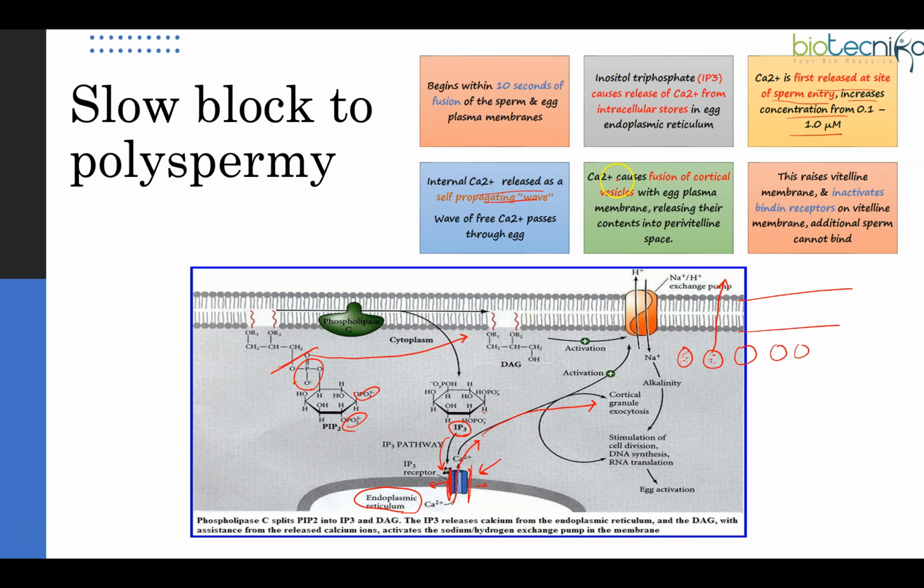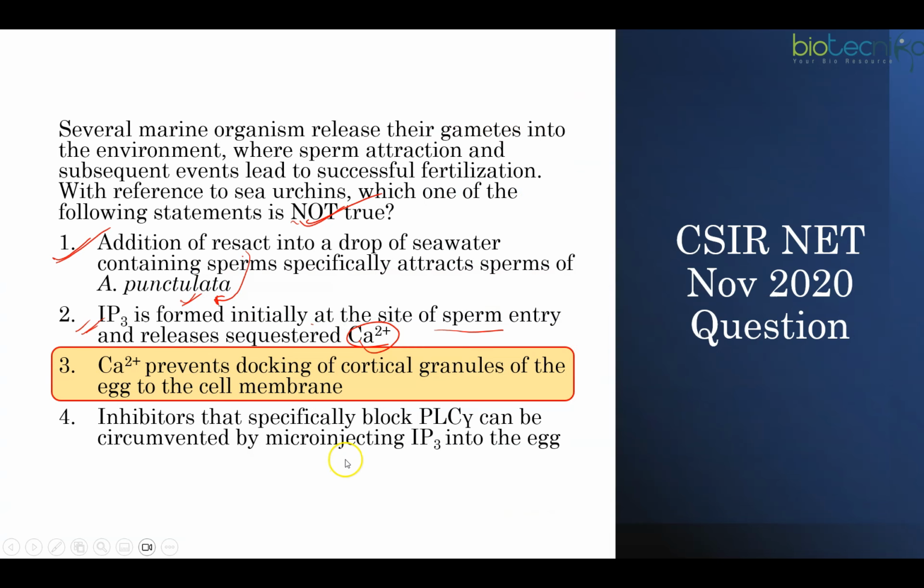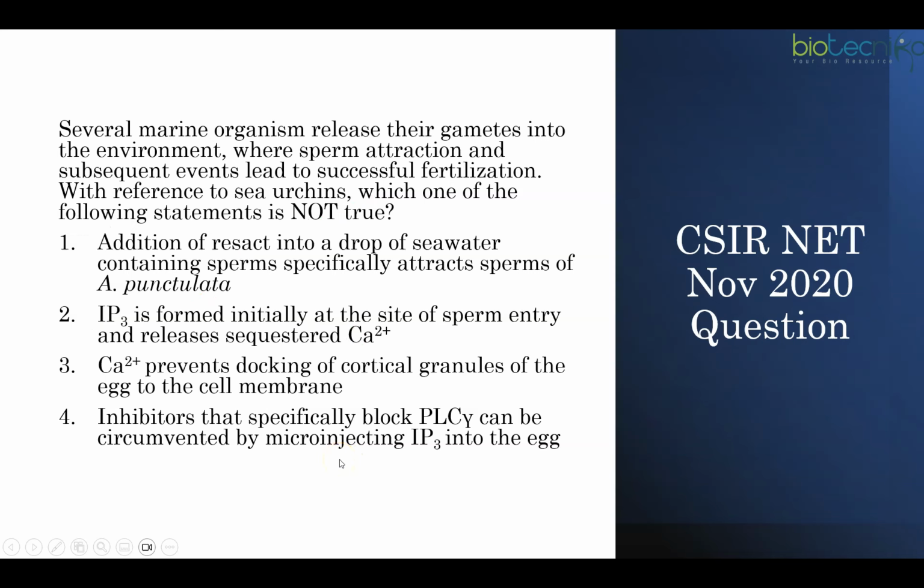Here calcium causes fusion of cortical vesicles with the egg plasma membrane, releasing their contents into the perivitelline space. As we saw, inositol triphosphate causes release of calcium from intracellular stores. It is not coming from outside, it is released from internal stores, that is from the egg endoplasmic reticulum. So obviously, IP3 is formed initially at the site of sperm entry.